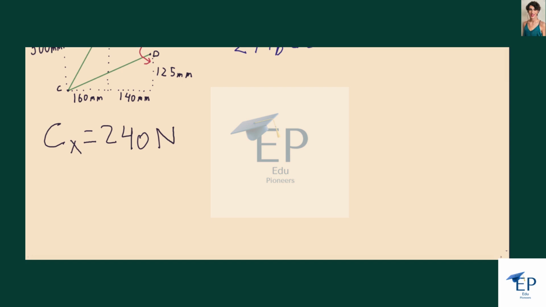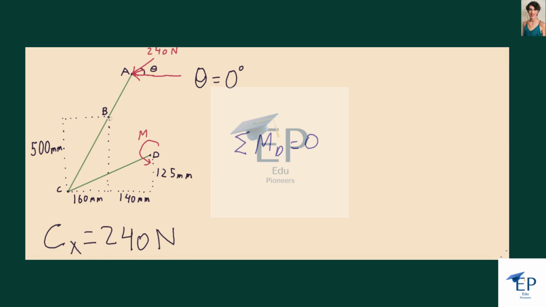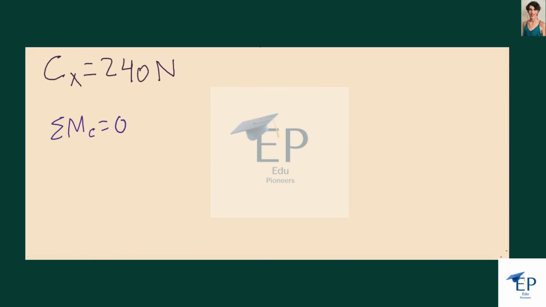And next we're going to take the sum of moments about the point C equal to 0, and we're going to solve for the y component of the force at point B. So that's going to be equal to 240 times 500 minus the y component of the force at point B times 160 is equal to 0.